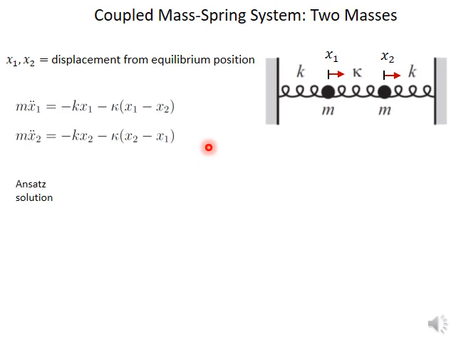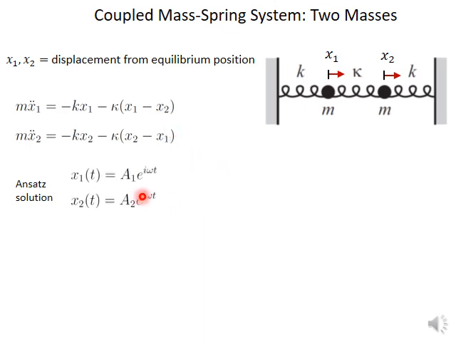So let's try to solve these, and to solve this I would try the same kind of solution I tried for the separate spring system. I would guess or estimate a solution of a certain kind. An estimated solution is usually called an ansatz solution, which is an educated guess for a certain system of differential equations, for example in this case.